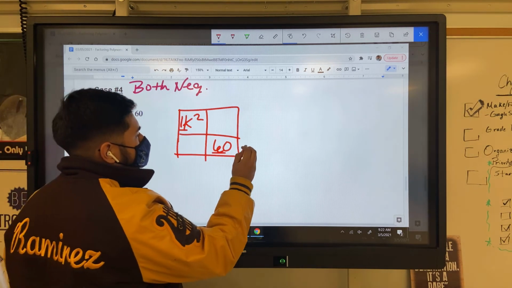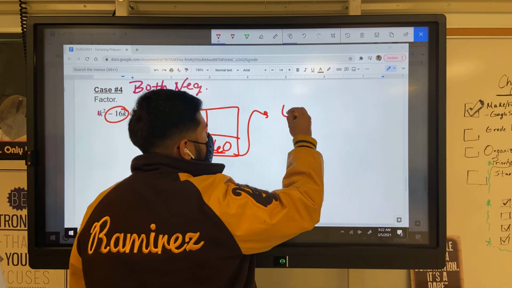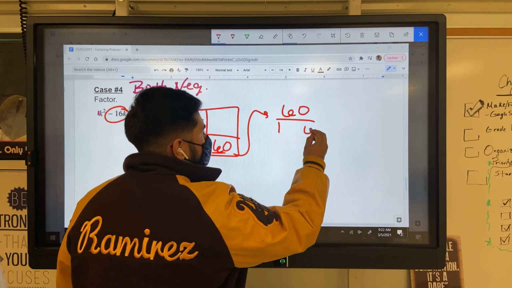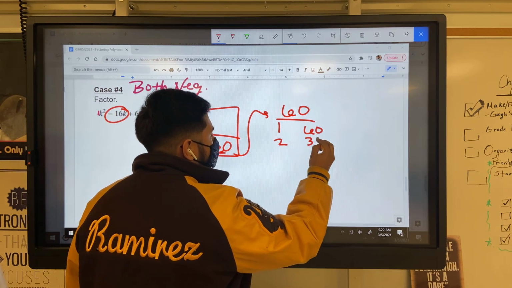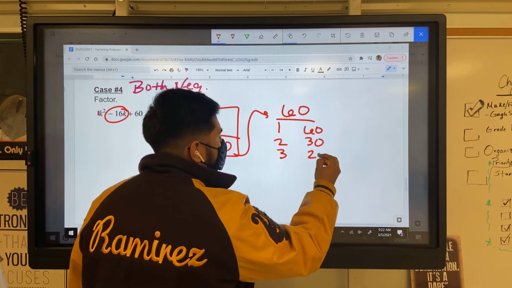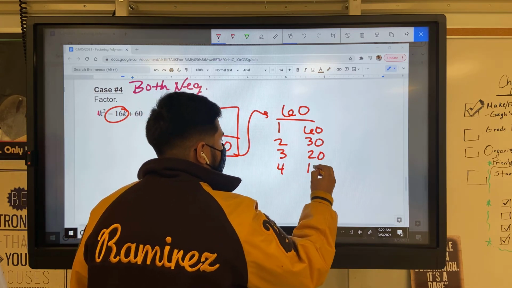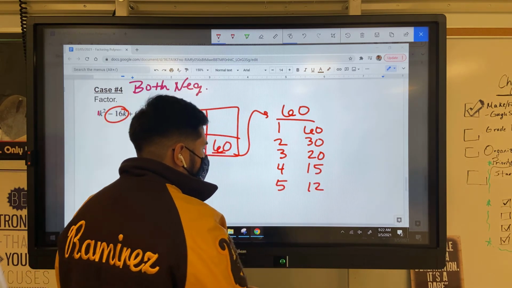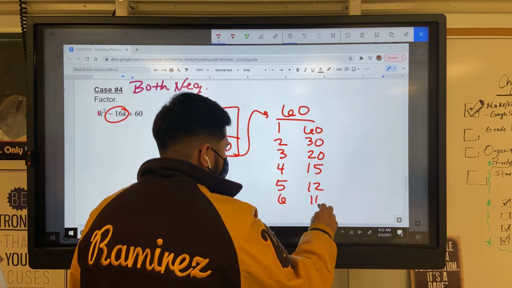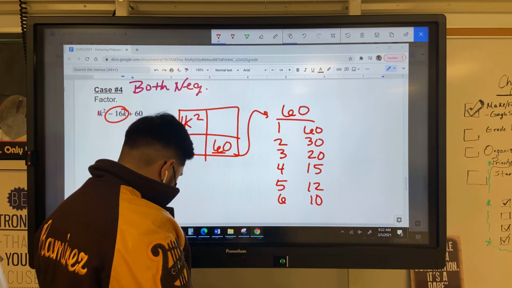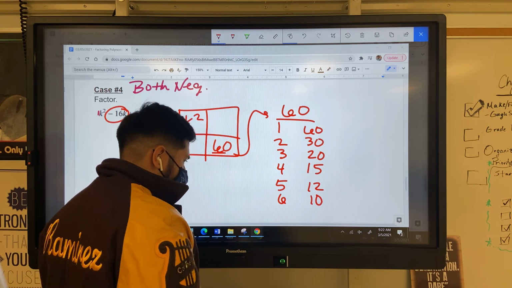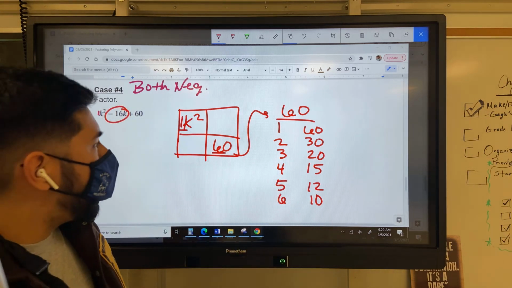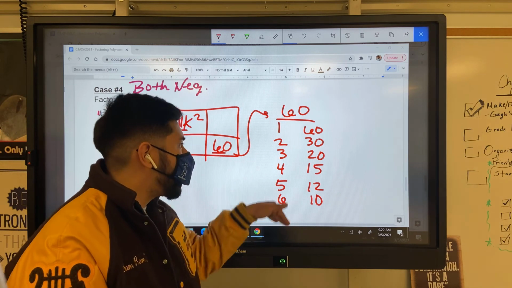So we got 1 times 60, that's 60, and we break it up. 1 and 60, 2, 30, 3, 20, 4, 15, 5, 12, 6, 10, 7, no. 8, no. 9, no. So I think those are all the factors. You know, because you're at home, you can even do this. Go to the internet, put in factors or whatever, and they should give you all the factors so you don't freak out.